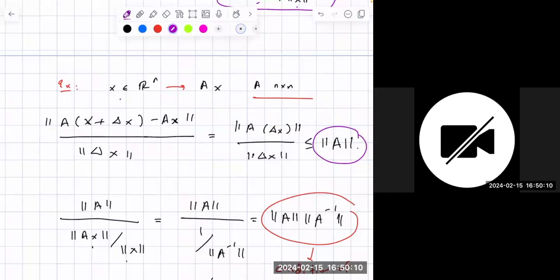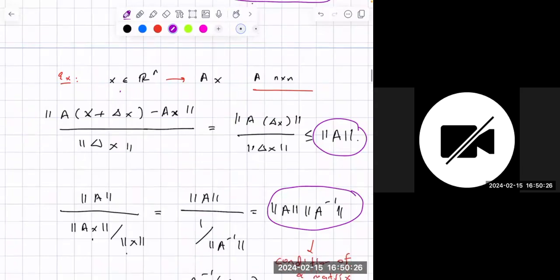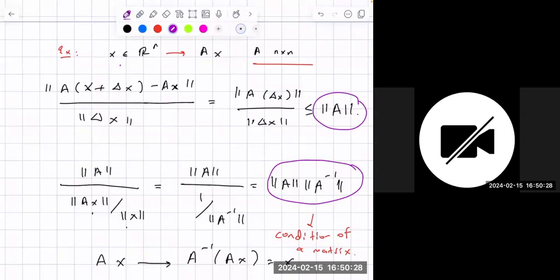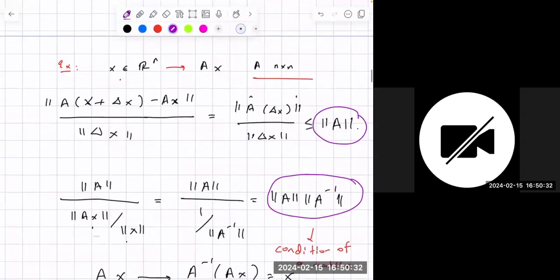The absolute condition number came out as the operator norm of that matrix A. And the relative condition number came out as this operator norm of the matrix A multiplied with the operator norm of its inverse. And this is usually what's given as the condition number of a matrix. Okay. And this is only an upper bound.